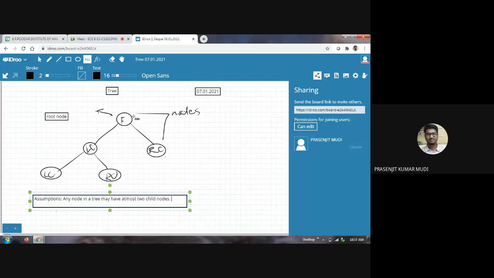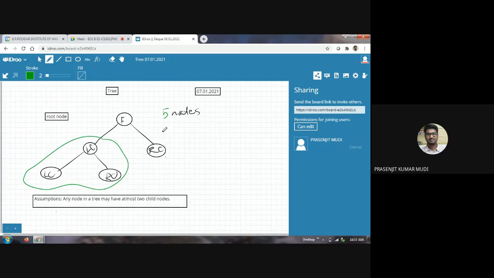Now, considering this root node, this portion, what happens here? 1, 2, 3, 4, 5. How many nodes are there? 5 nodes, right? Among the 5 nodes, 3 nodes are in this part of the overall picture, 1 node is placed over here, and the one and only left node is placed at the top of the entire data structure.